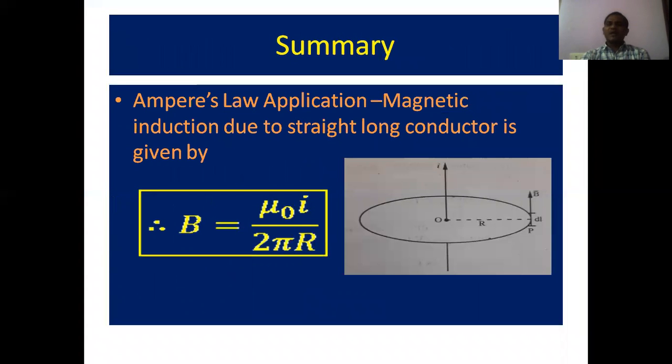After that, we saw the applications of Ampere's law: first the straight current, second the toroid current, and third the solenoid current. The magnetic induction due to a long straight conductor at perpendicular distance r from it is given by B equals mu naught I by 2 pi r.